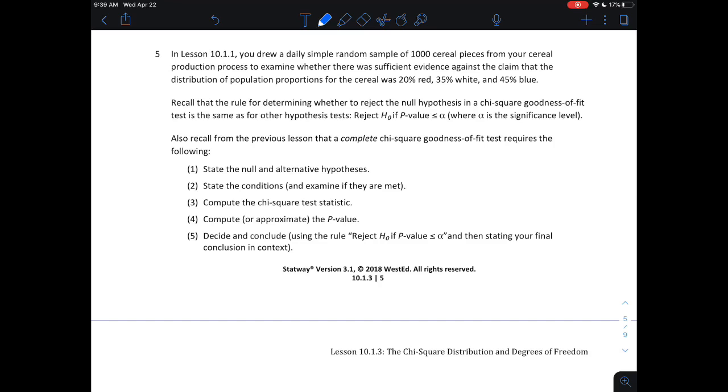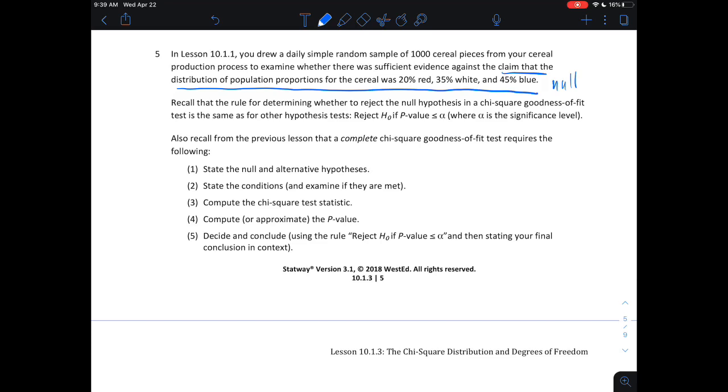So notice here the claim is the distribution for the cereal was 20% red, 35% white, and 45% blue, saying that the proportions were exactly these numbers. So this is the null hypothesis, as we saw before. The null hypothesis in this case is the same thing as the claim.